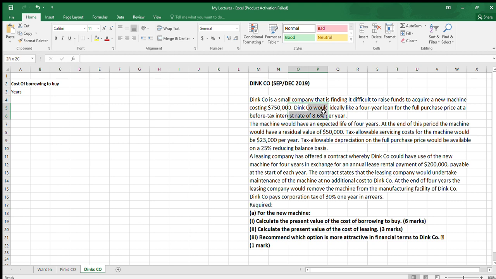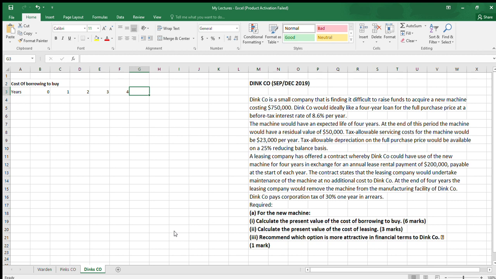Dinko would ideally like a 4-year loan. So it is a 4-year project. So you bring your years: year 0, year 1, year 2, year 3, year 4. But as I said in my earlier lectures, when you are doing investment appraisal questions, there has to always be an additional year because you don't know all the information in the question.